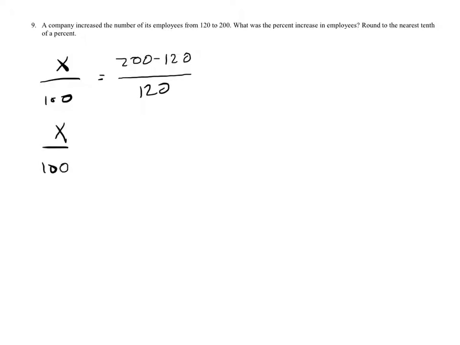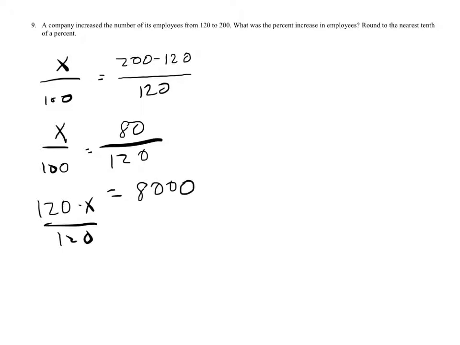Rewriting the left-hand side and subtracting on the right, 80 over 120. Now we take our cross products: 120 times x equals 8,000. Finally, dividing by 120 gives us that x is equal to 66.7% when you divide 8,000 by 120.